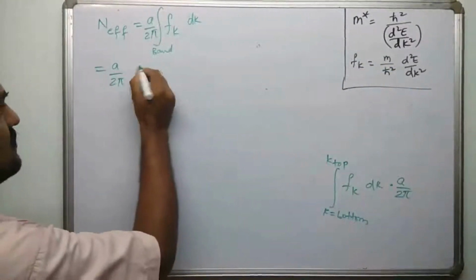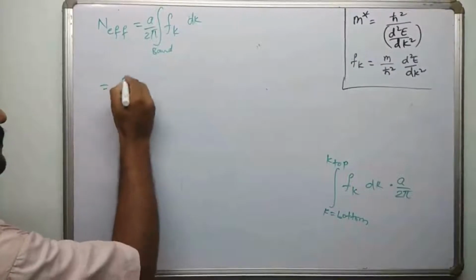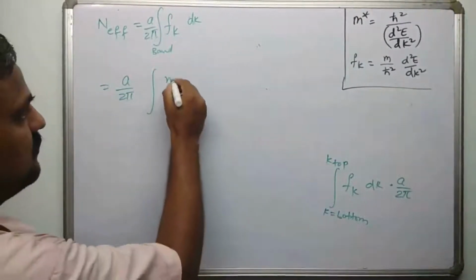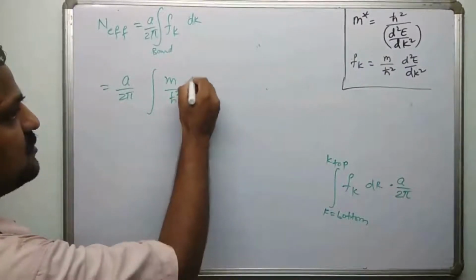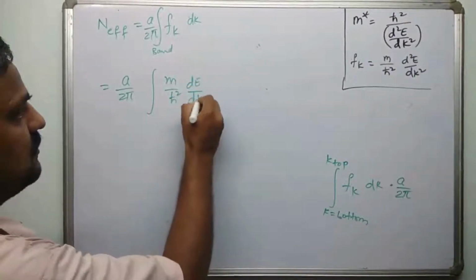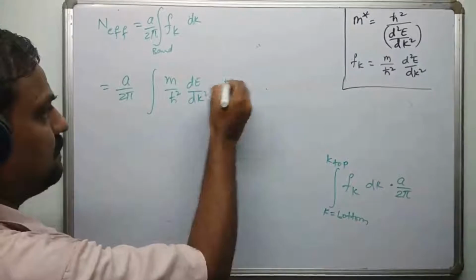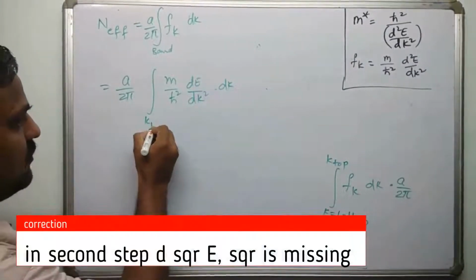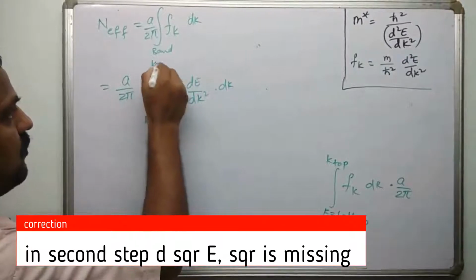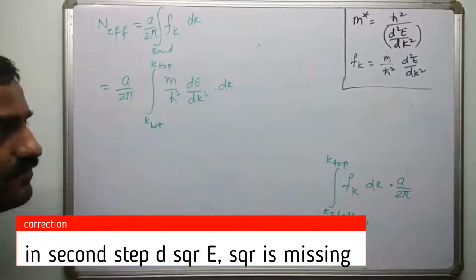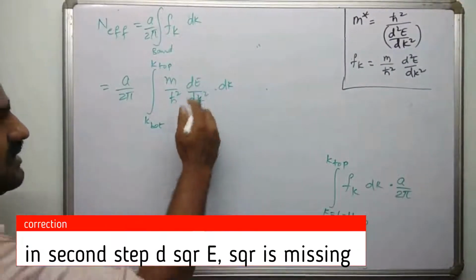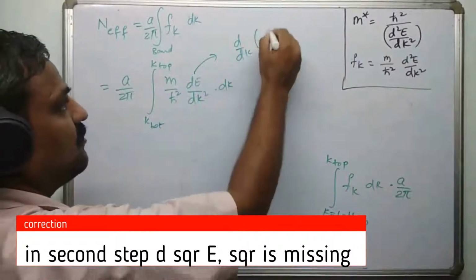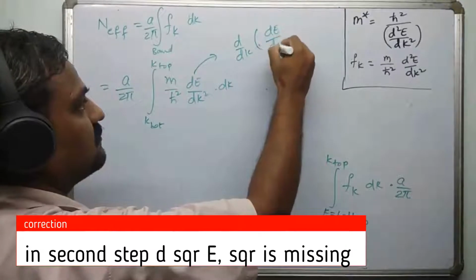I can write this as a by 2 pi, integral running over m by h cross square d square E over dk square multiplied by dk with limits k bottom and k top of the band. These are the limits. I can also write this as d by dk of dE by dk.